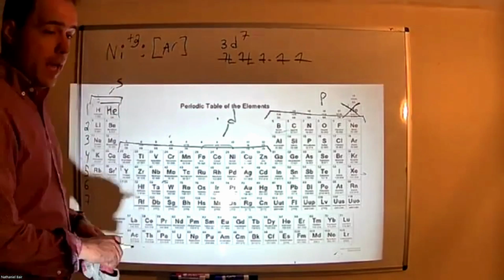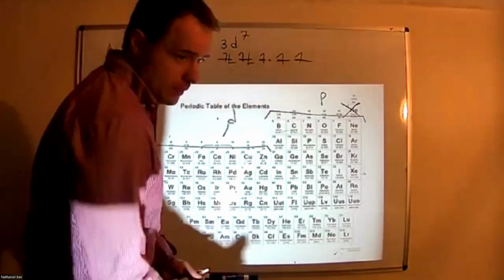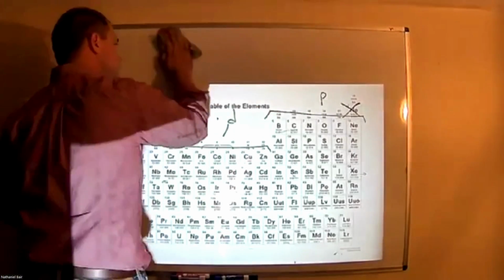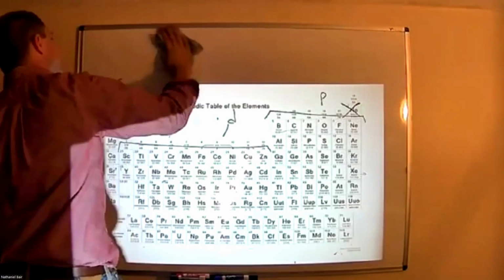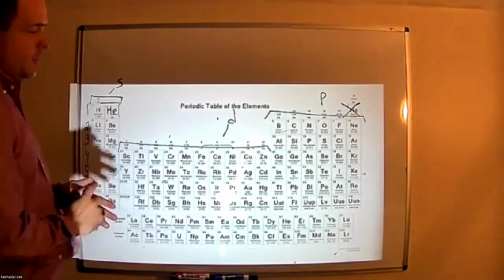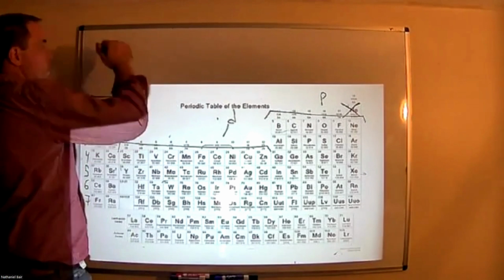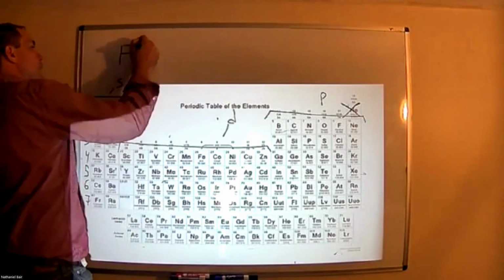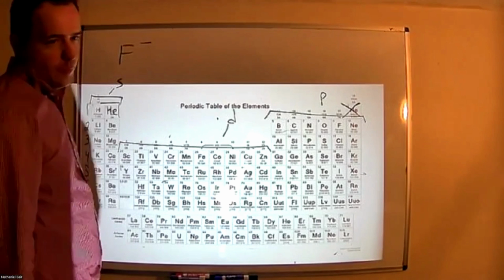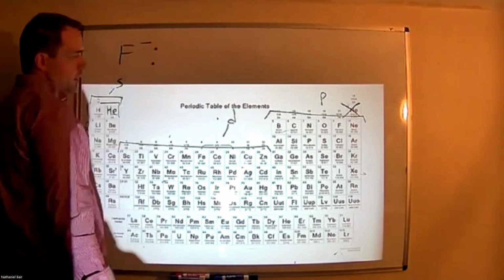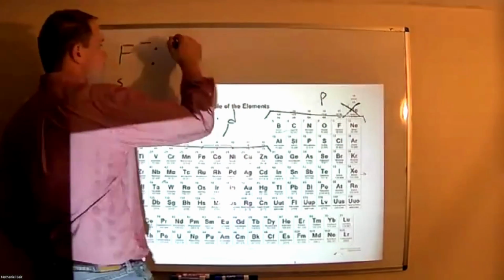Anions work by adding. So what if we wanted to write the noble gas configuration for the fluoride anion, the F-1 anion? We would put helium in brackets.